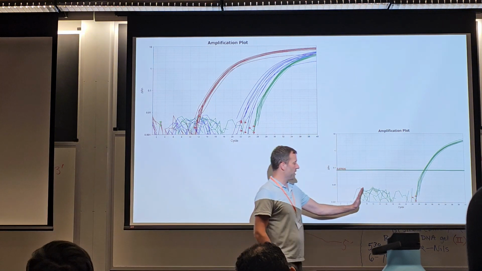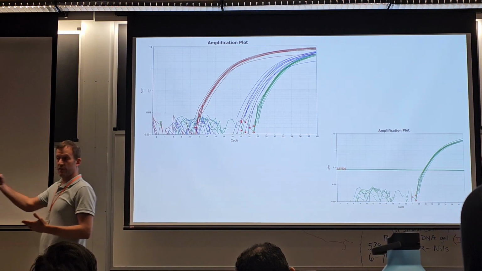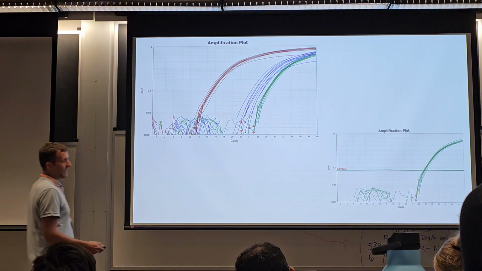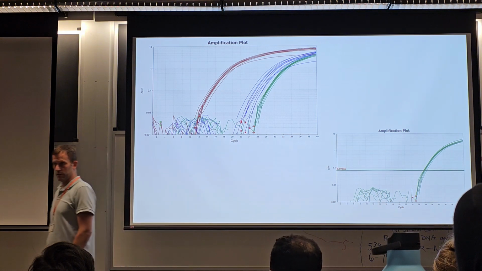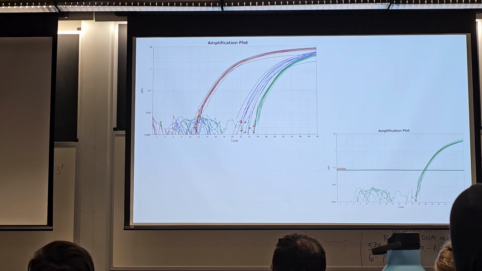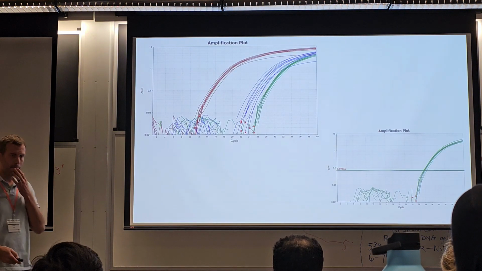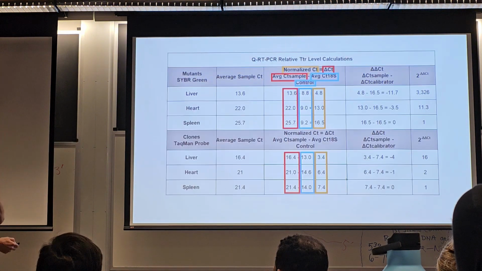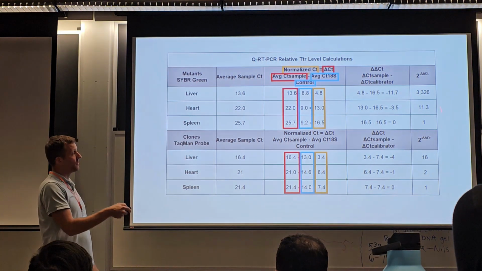If you cross the threshold early, it means you built enough fluorescence to cross the threshold earlier, which means you started with more. So later CT means less original sample, because it took more cycles of exponential amplification to reach the detection threshold. So a simple interpretation is that the gene is expressed in the liver at 3,300 times the level of spleen. That's a simple interpretation based on the SYBR results from your experiments.